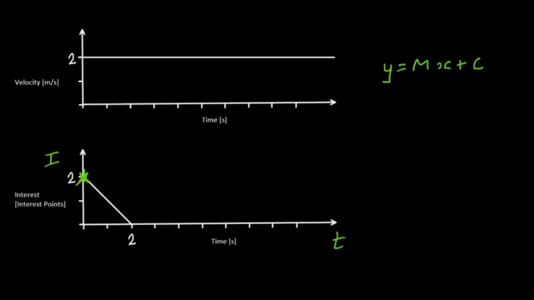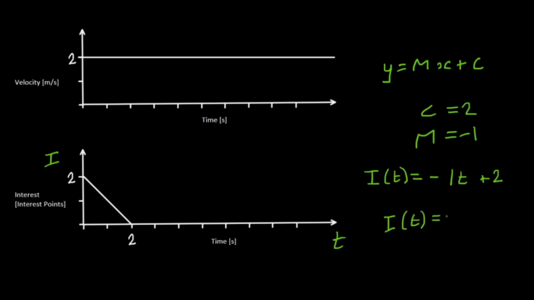We can see the intercept in this case is 2, and the gradient is -1, because for every 1 second, we drop by 1 interest point. So the function describing their interest over time is I equals -1t plus 2. Or, simplified, I equals -t plus 2, where I is interest and t is time.